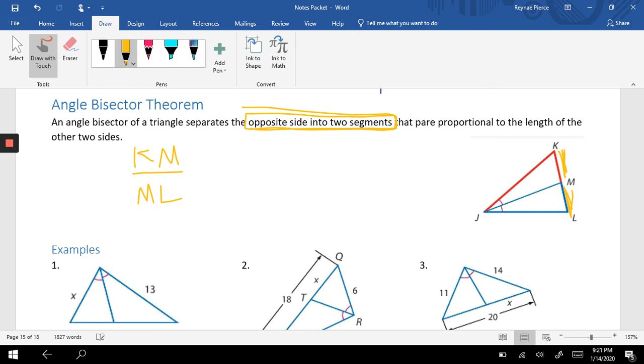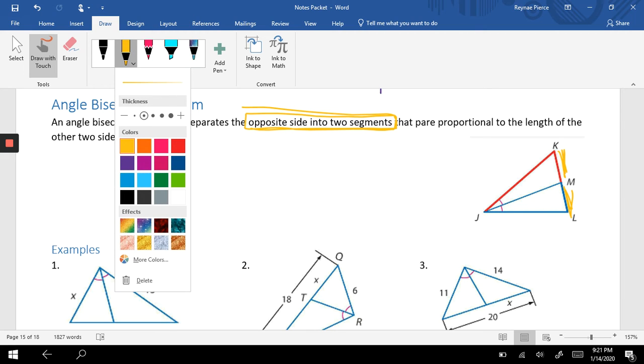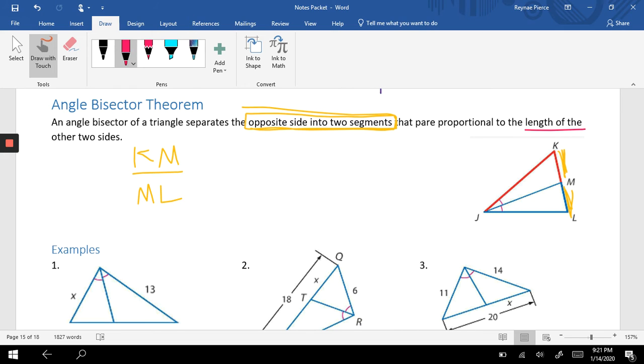Alright, so those two parts are proportional to the length of the other two sides. Okay, the other two sides are going to be JK and JL. Now, since I said KM in my numerator, KM is on this side of my angle bisector, so JK needs to go in the numerator as well.